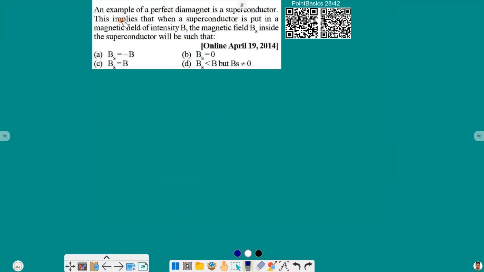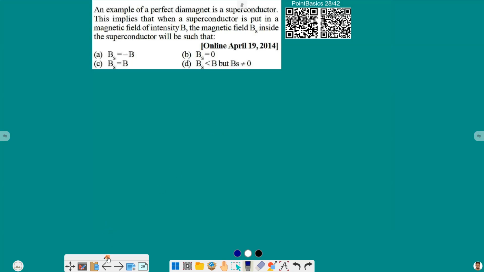An example of a perfect diamagnet is a superconductor. This implies that when a superconductor is put into a magnetic field of intensity B, what is the magnetic field inside the superconductor? Now we know that superconductors act as a perfect diamagnet, meaning they repel all the magnetic field lines trying to cross them.